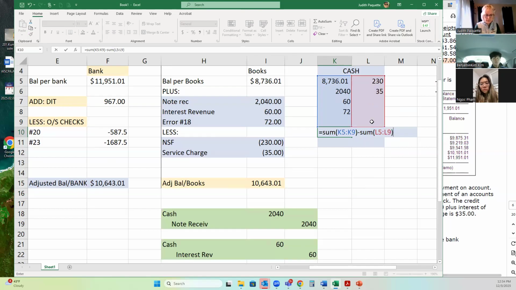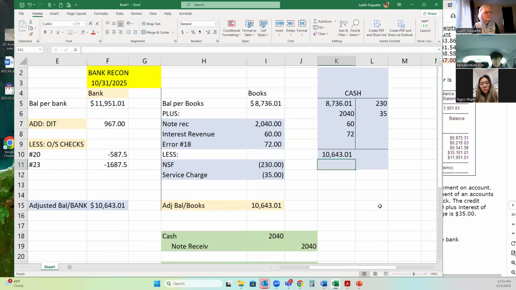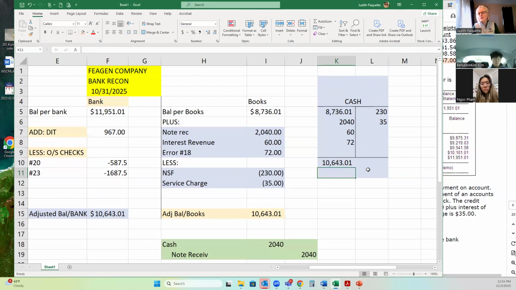Hopefully it'll do it for me. So once I book those journal entries, now I'm not only proving my balance on my statement, my accounting records are now accurate. Because I have to post anything on the bank statement that is not in my books. So it bypasses the company.